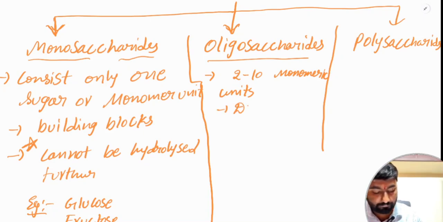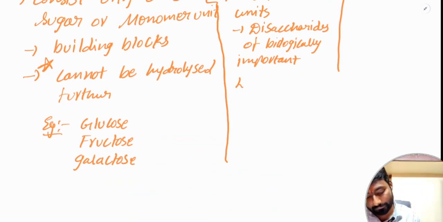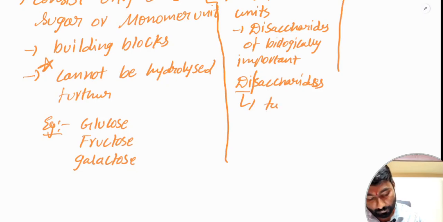As I told, disaccharides are biologically important. What are disaccharides, students? As the name implies, it has how many monomeric units? Yes, di means 2. So it has 2 monomeric units.